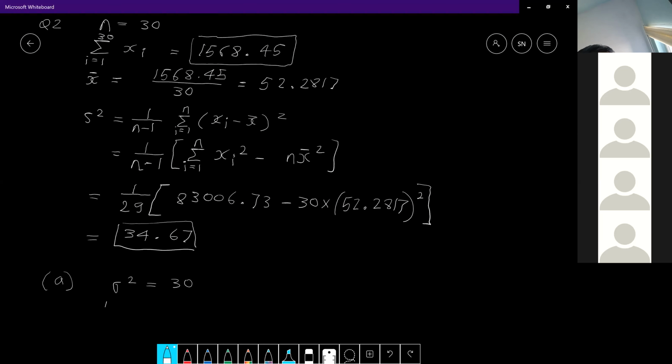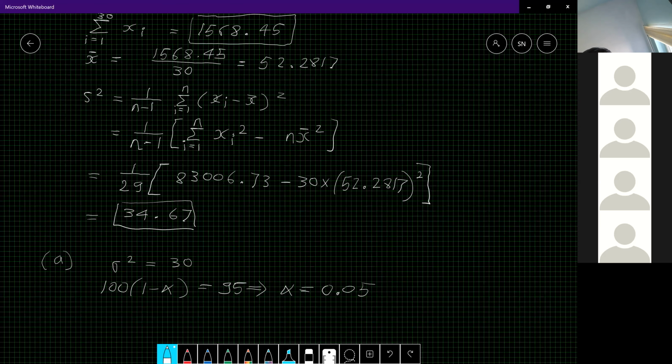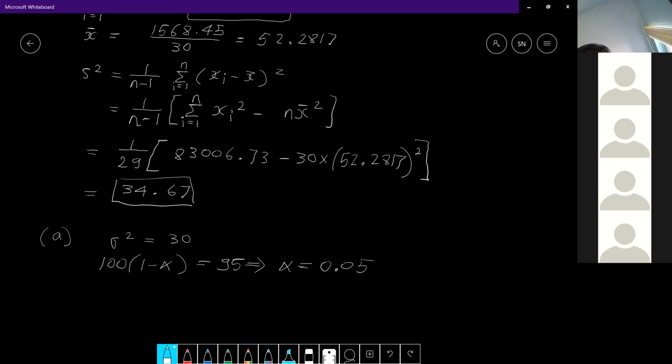And we are supposing that 100 times 1 minus alpha is 95%, which implies that alpha is 0.05.